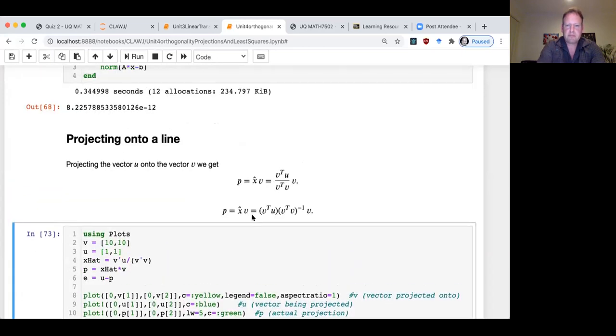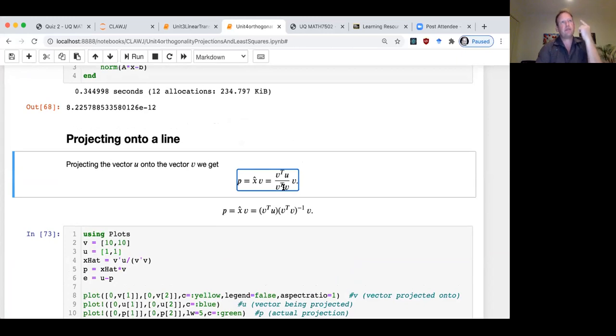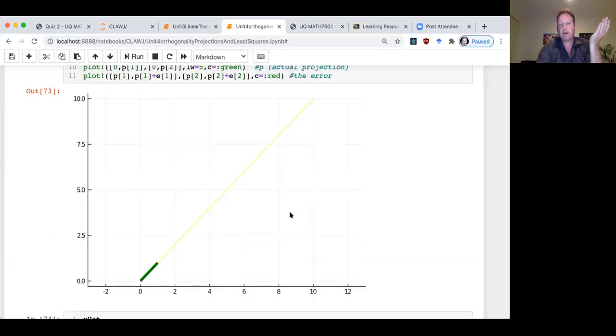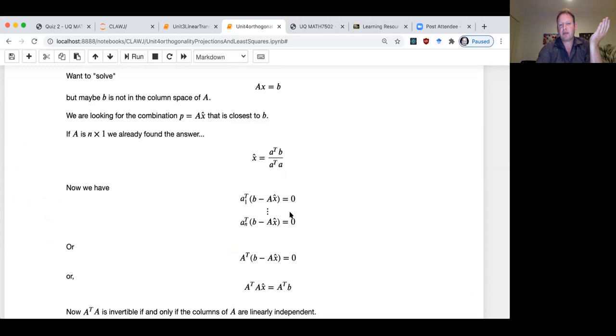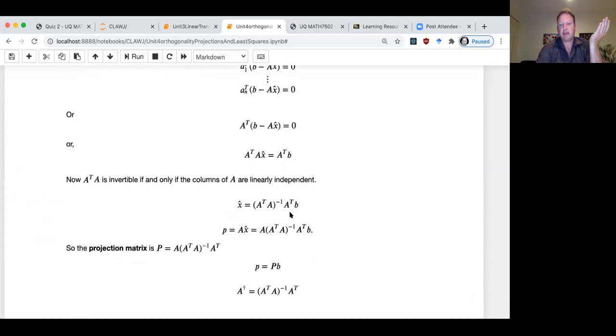These two formulas we have above are equivalent, right? Now, I can divide here by V transpose V. V transpose V is a scalar. And so I can say it's like multiplying by the inverse of V transpose V.